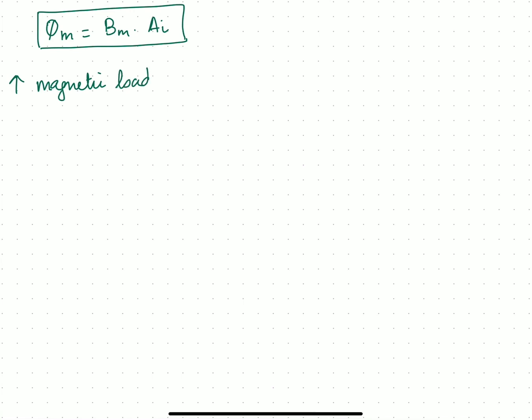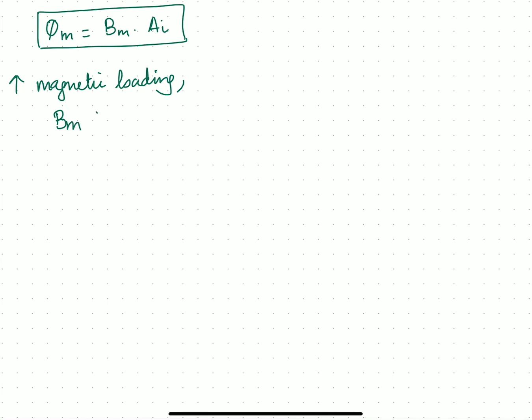This phi m, or the magnetic loading, is equal to the flux density times the area of iron, right? So if you increase the magnetic loading, what is the consequence?